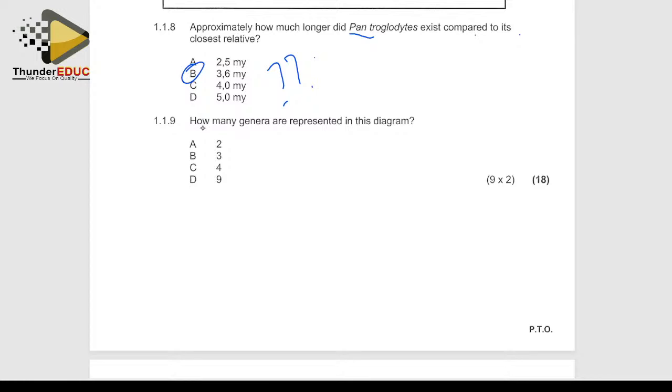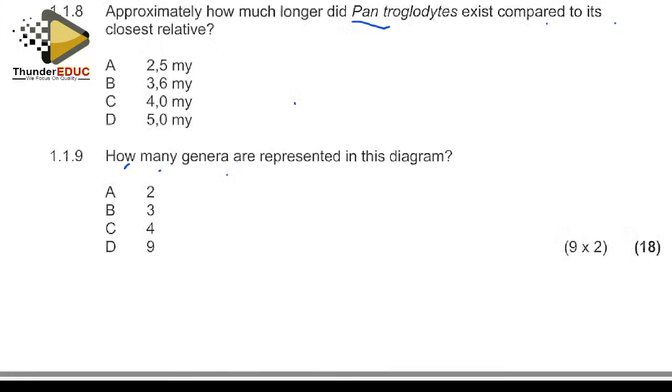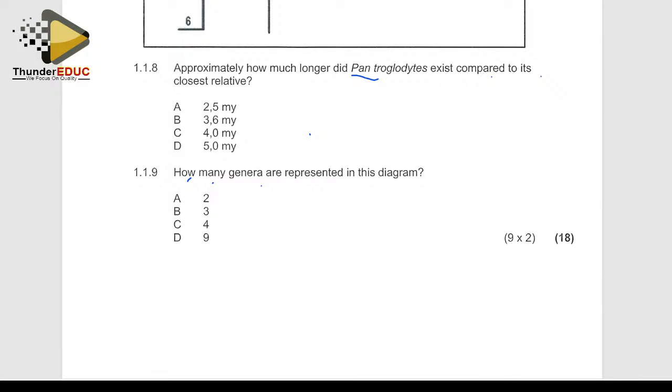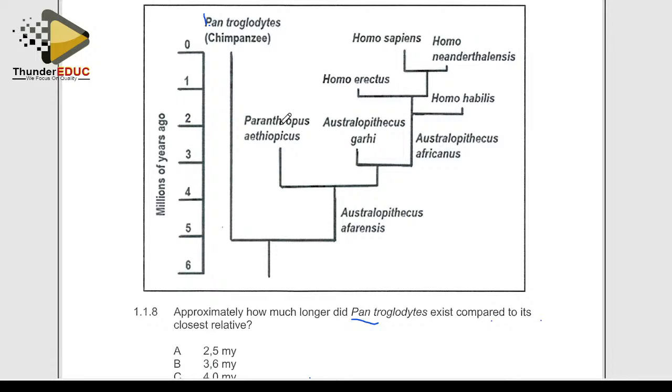They're saying, how many genera are represented in the diagram above? We told you yesterday that for genera, you look at one, that's one genus. You don't repeat it again.